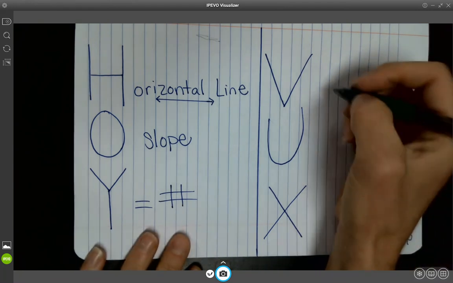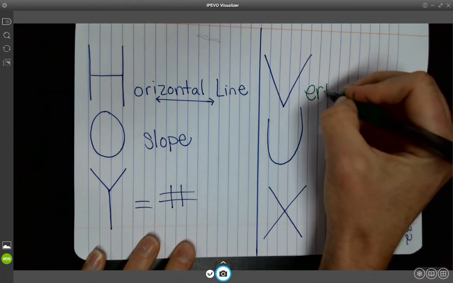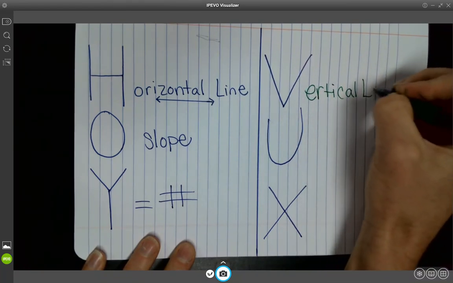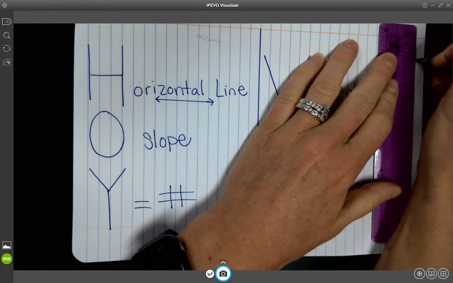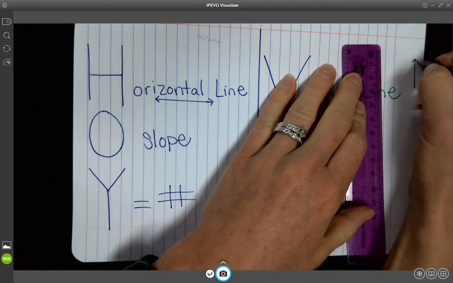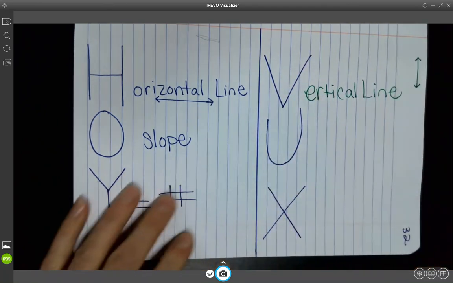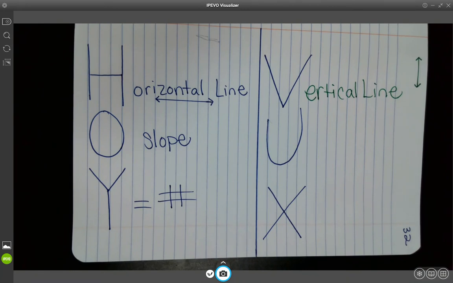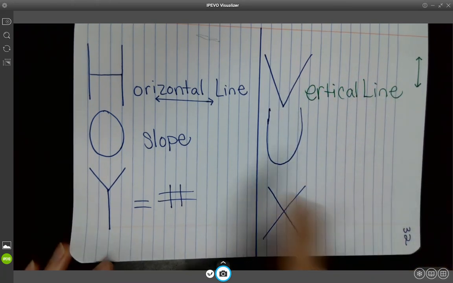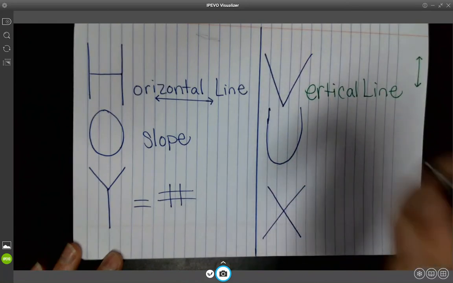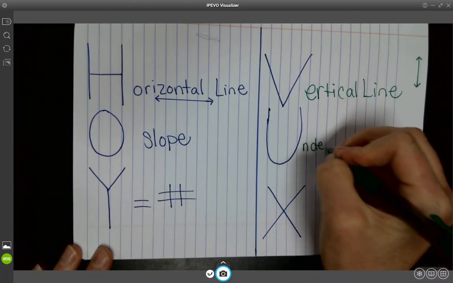And V stands for vertical line. Draw a little vertical line. And then U. So if horizontal line has zero slope, vertical line has undefined.